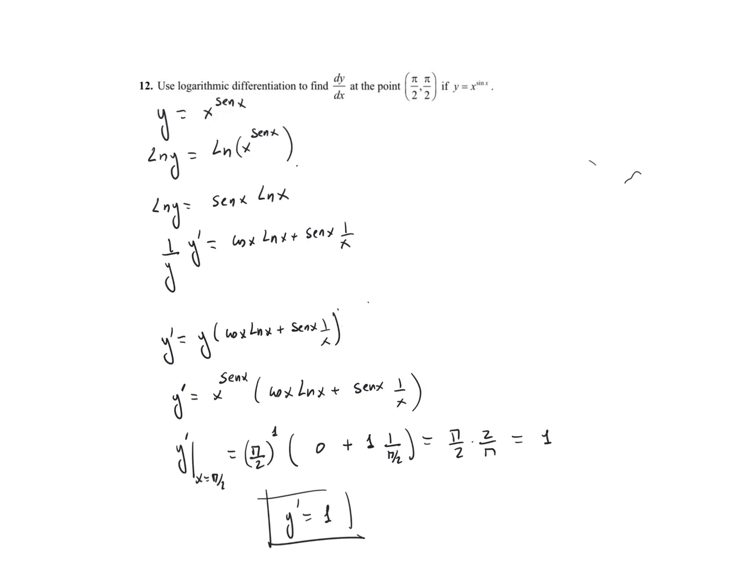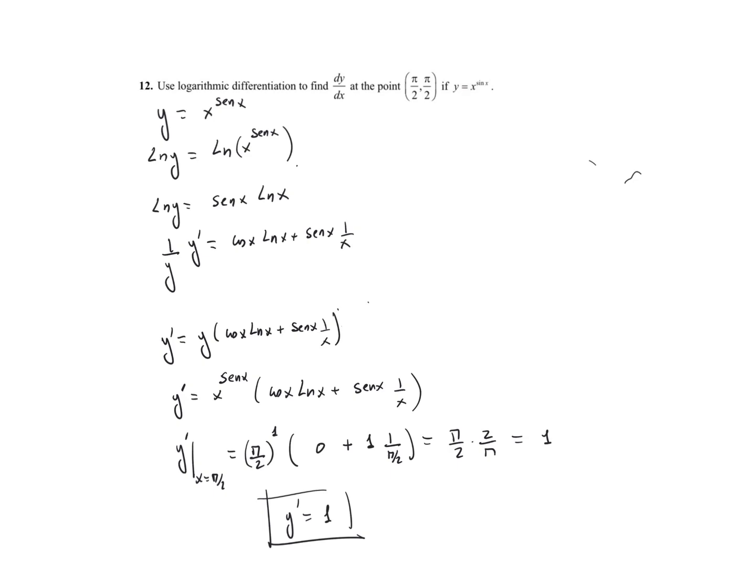So I have to evaluate the derivative of y at x equal pi divided by 2. Of course, if x equals pi divided by 2, y should be pi divided by 2, because it will be x to the sine of pi divided by 2, and sine of pi divided by 2 is 1.